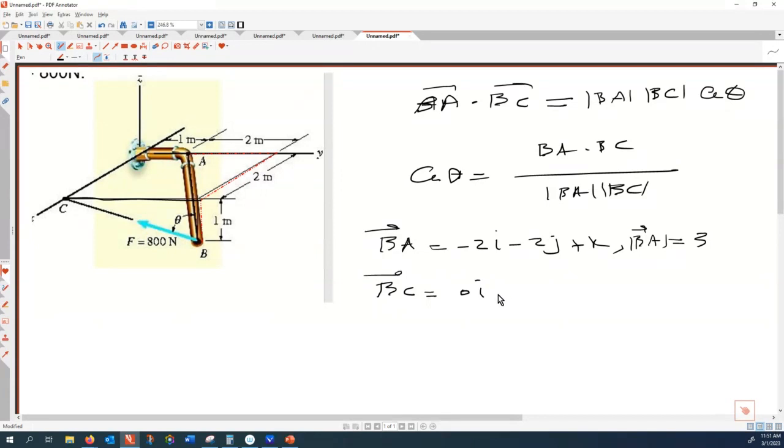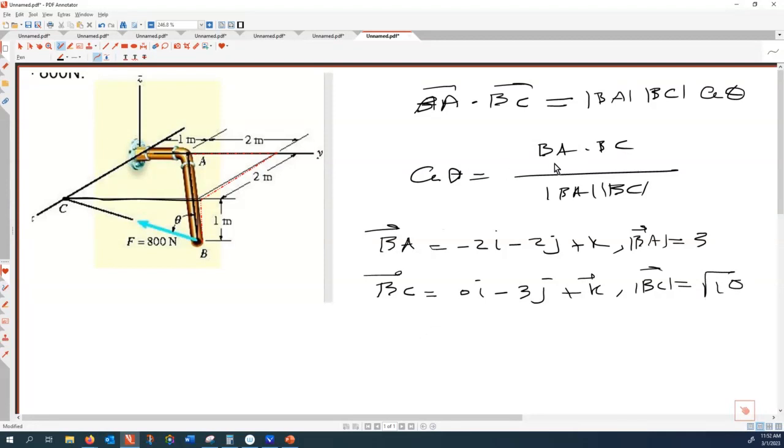So that is 0I minus 3J plus K. And therefore, its magnitude is root of 9 plus 1, which is root 10, correct?